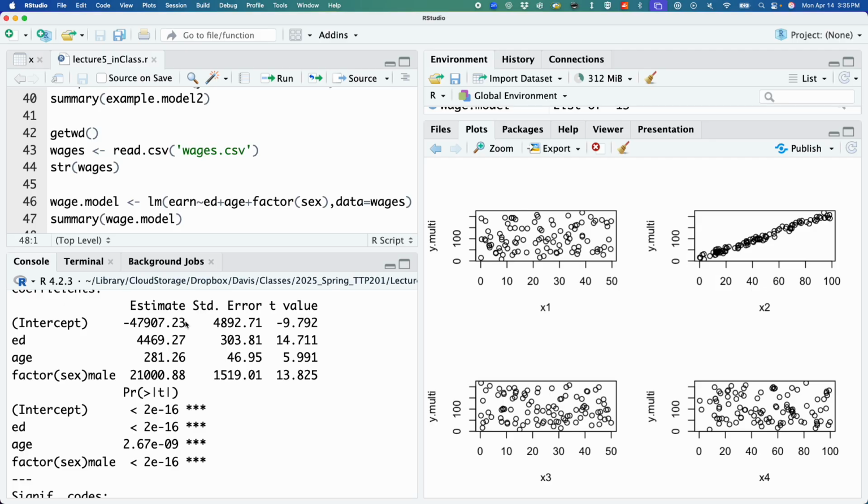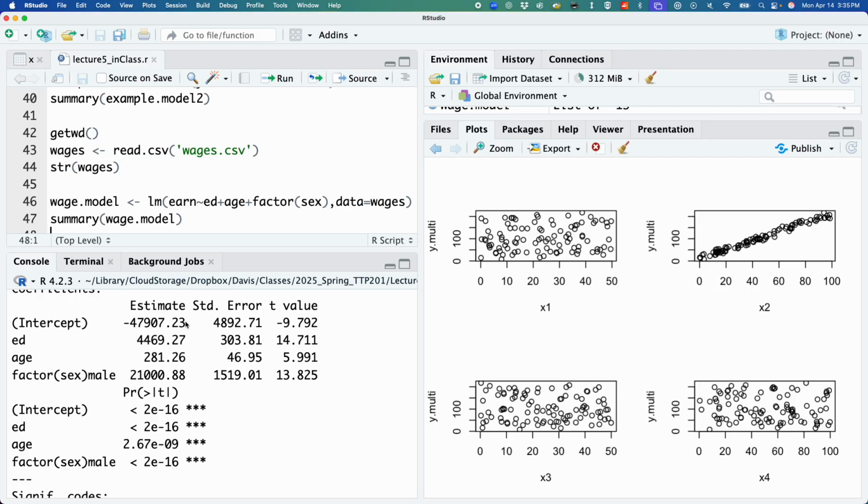And if you remember, the selection of which character is selected as the first level is alphabetical. So F comes before M, and therefore it looks like this.